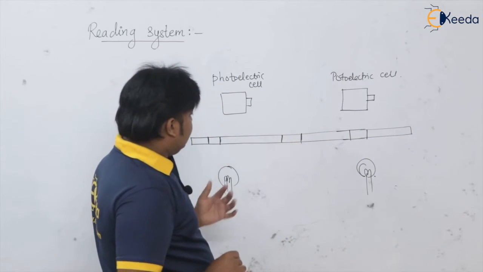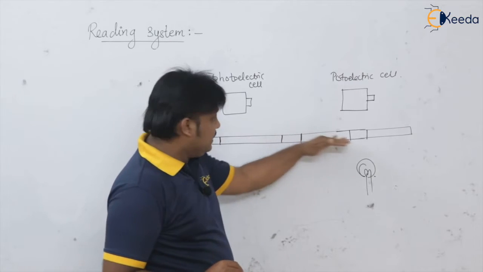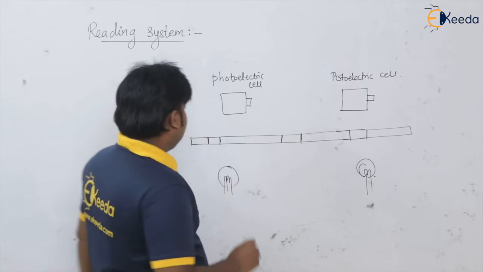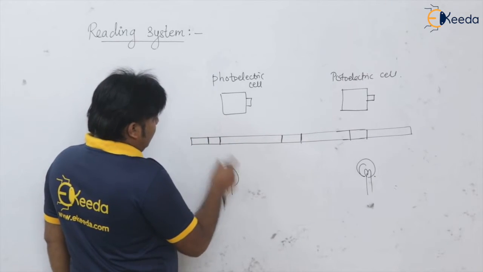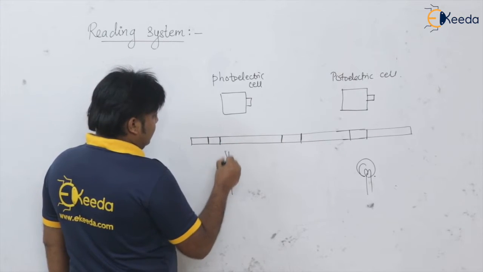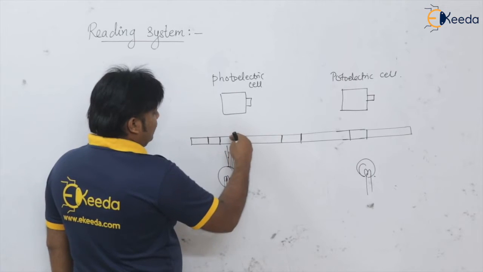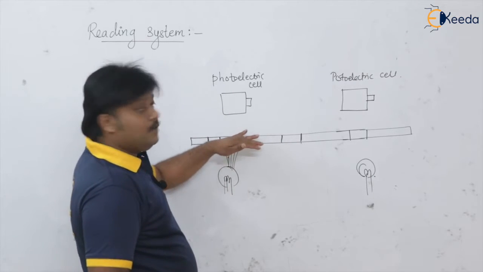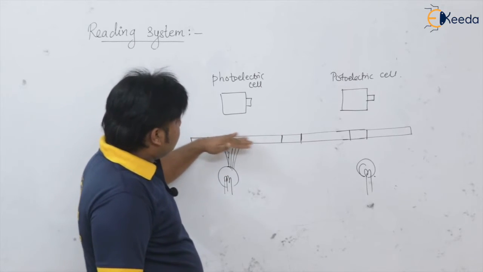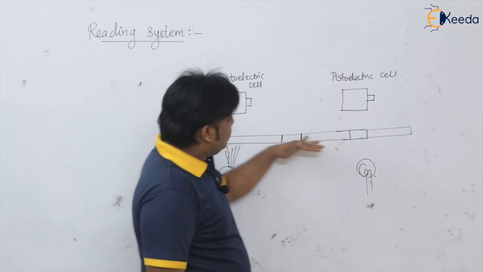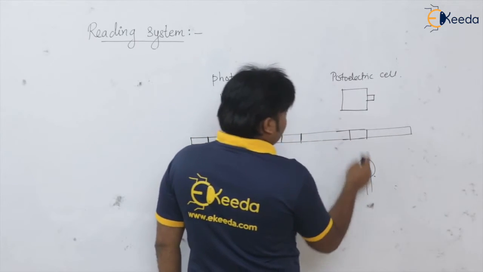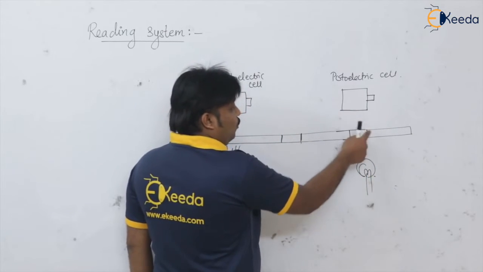While the punch tape passes between the light source and the photoelectric cell, at this instant the light cannot pass or fall on the photoelectric cell, as there is no hole.